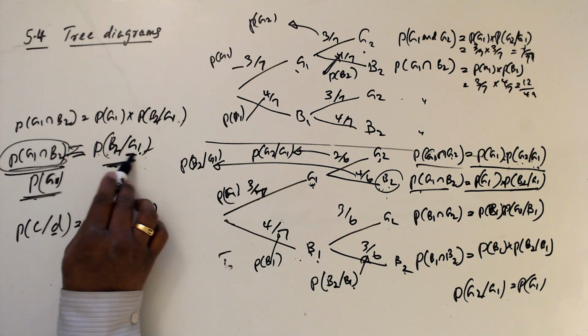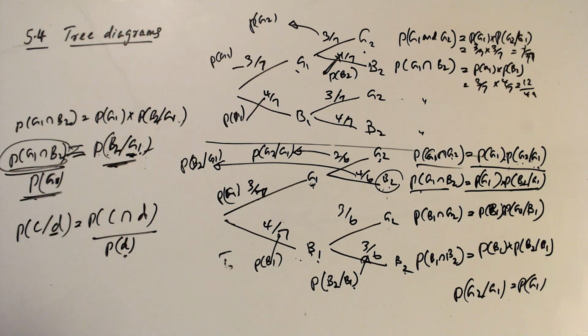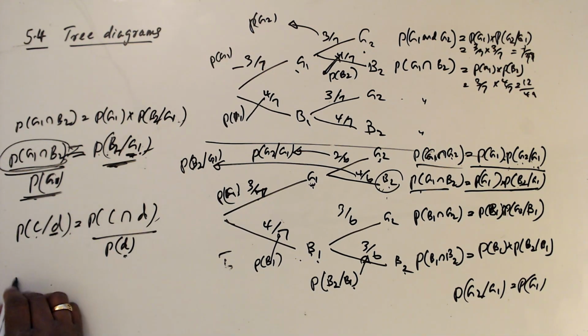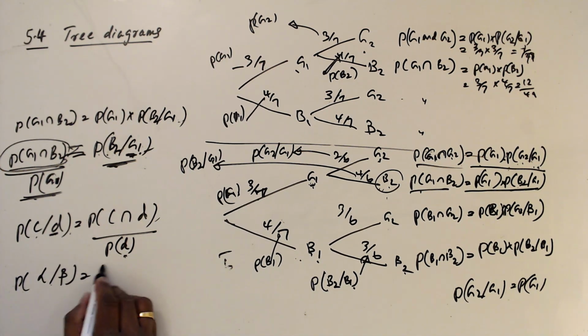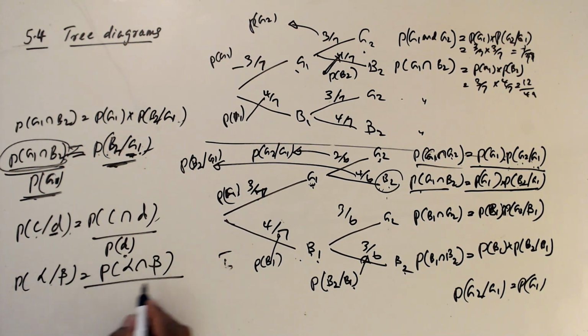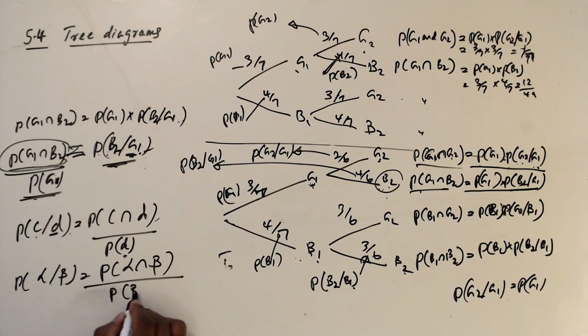Same way, the probability of alpha given beta is the probability of the intersection of alpha and beta, divided by the probability of beta.